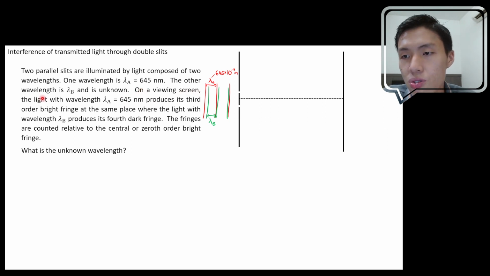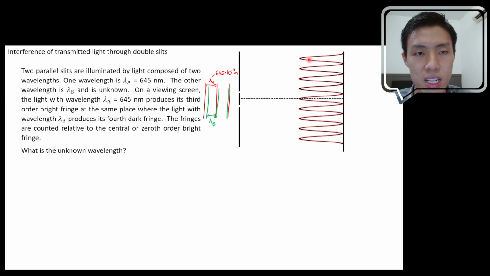Let's come back to the complicated sentence. On the viewing screen, the light with wavelength lambda A produces its third order bright fringe at the same place where the light with wavelength lambda B produces its fourth dark fringe. So we know that lambda A's third order bright fringe will be at the same place as lambda B's fourth dark fringe. Let's draw the pattern for lambda A first.